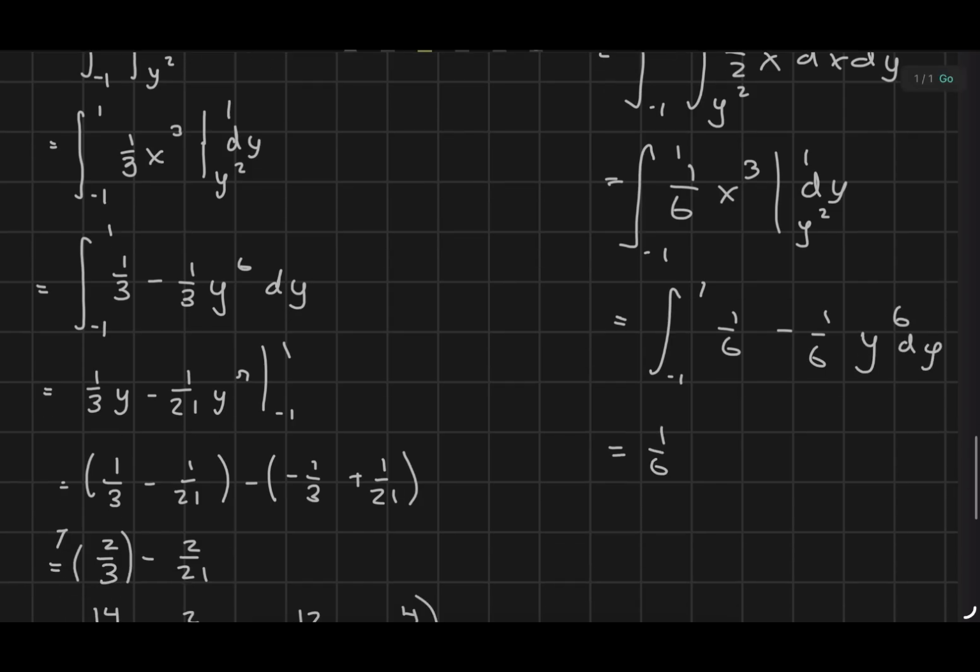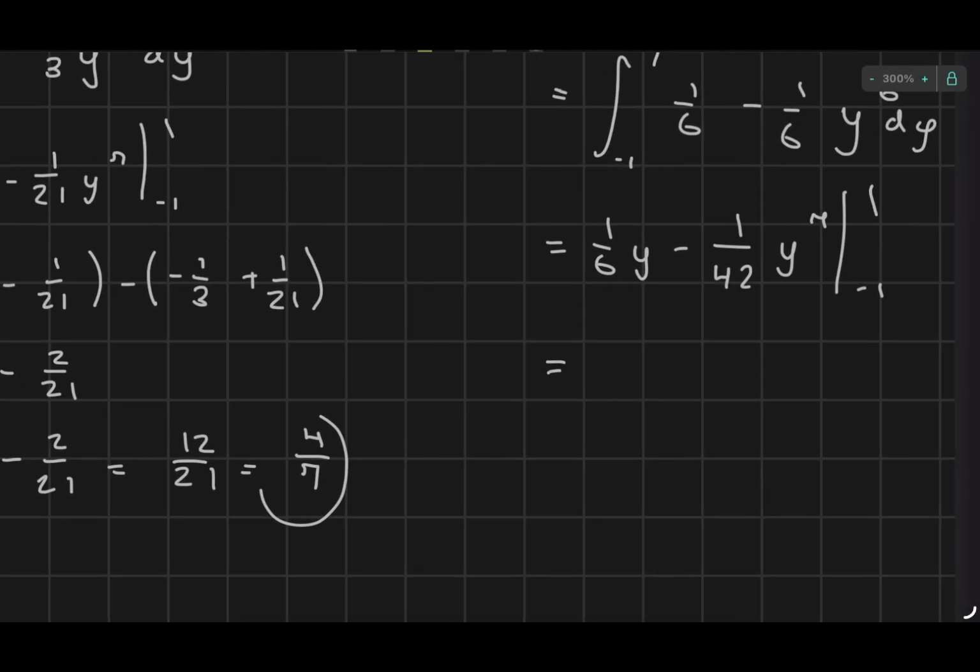which is going to equal 1/6 y minus 1 over, what is 7 times 6, 42 y to the 7th from -1 to 1 here. Let's just do a quick sanity check. Am I doing this right? I think so. This is going to be 1/6 minus 1/42 minus -1/6 plus 1/42.